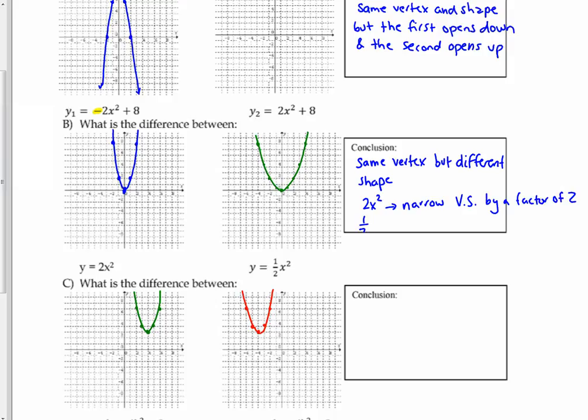And the 1/2 is wider because it had a vertical stretch by a factor of 1/2. So that VS is the vertical stretch.